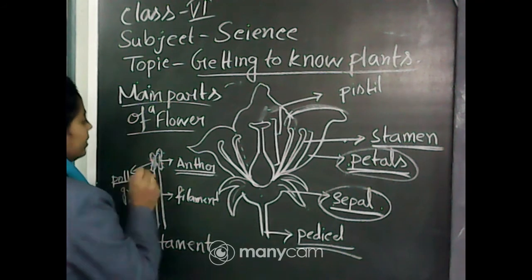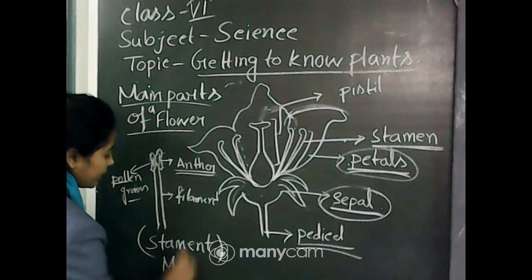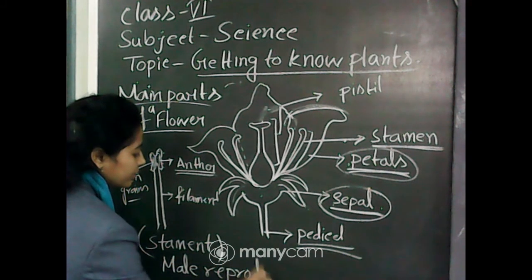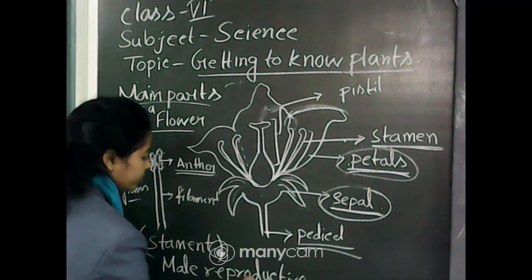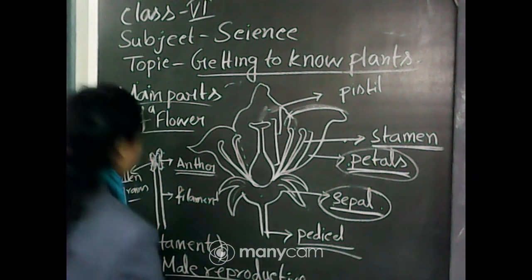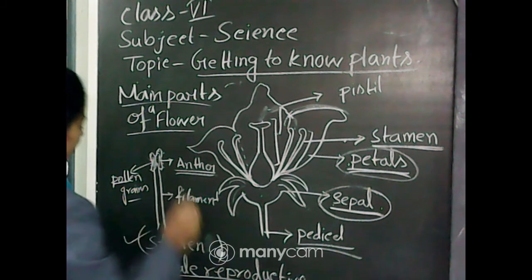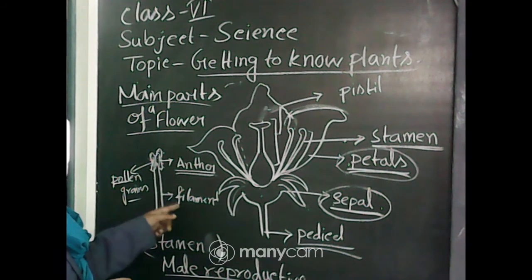Okay. So, this is the male reproductive part in a flower. Understood everyone? This is the stamen, sorry I have written it wrong here, stamen, and the main portions of a stamen are the anther and filament.